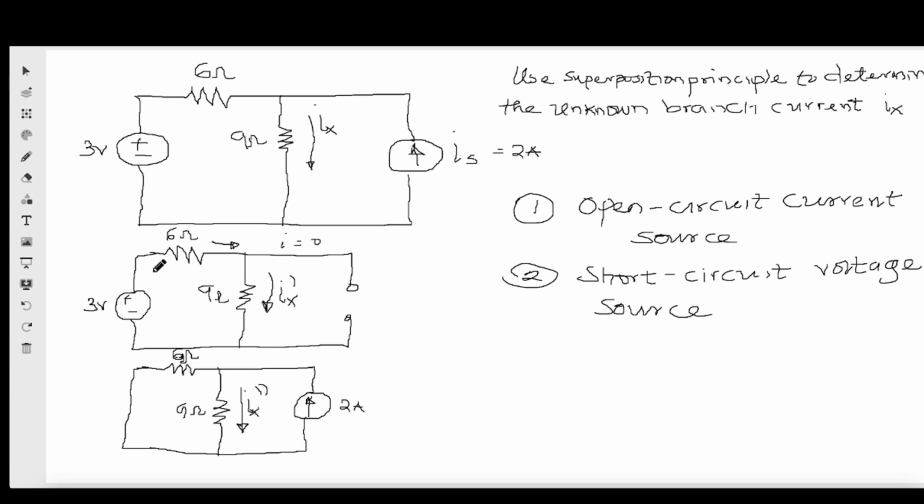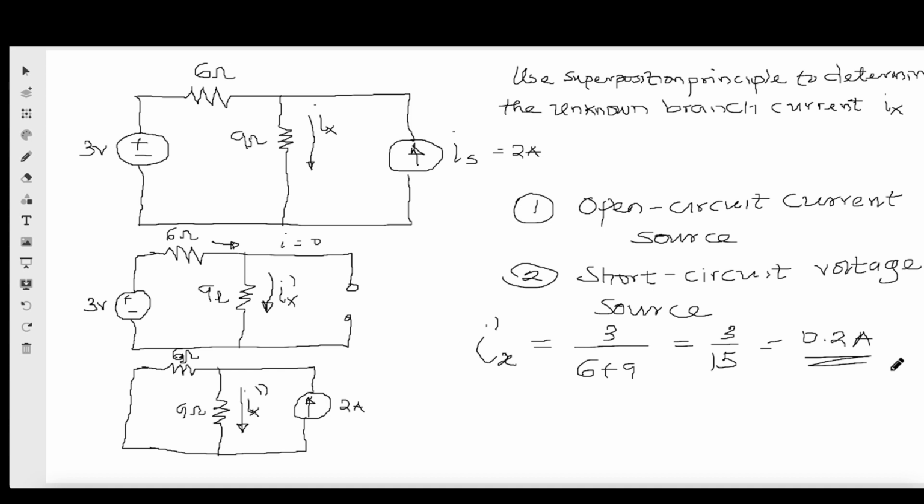So since the same current is going through 6 and 9, I will say that Ix prime is equal to what? Ohm's law, which is V over R, 3 volts over, they are in series, 6 plus 9, which is 3 over 15, which is what? 0.2 amperes. Right, this is just using Ohm's law.